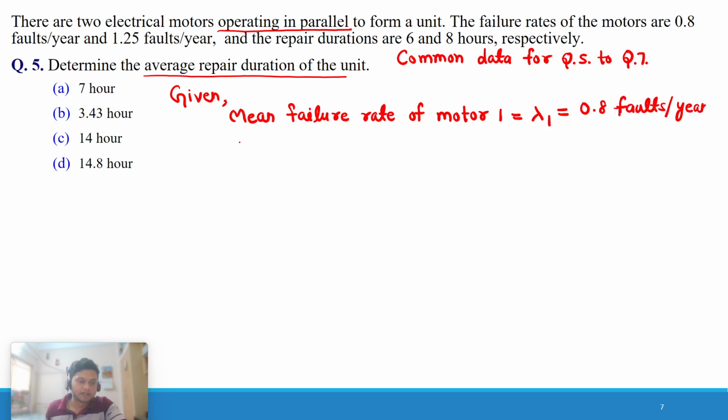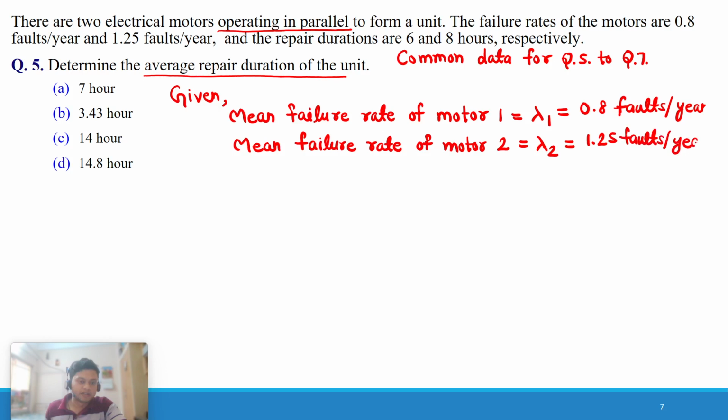Similarly, we have the data for motor 2. Mean failure rate for motor 2, lambda 2, is given as 1.25 faults per year, and the repair durations are 6 and 8 hours. So mean time to repair is also given.